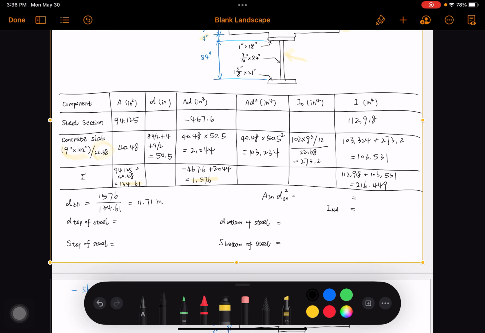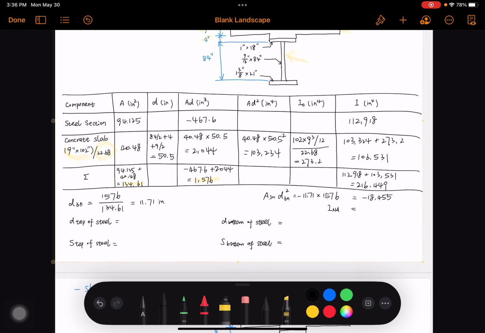Now A3n D3n squared we can simply calculate as negative 11.71 times 1576, which gives negative 18,455.